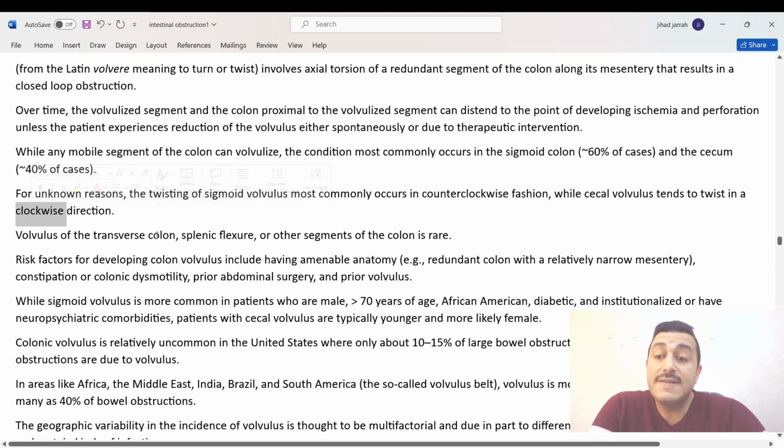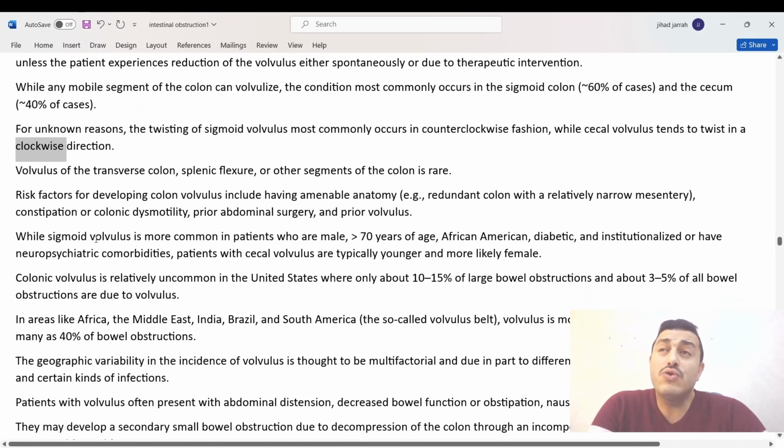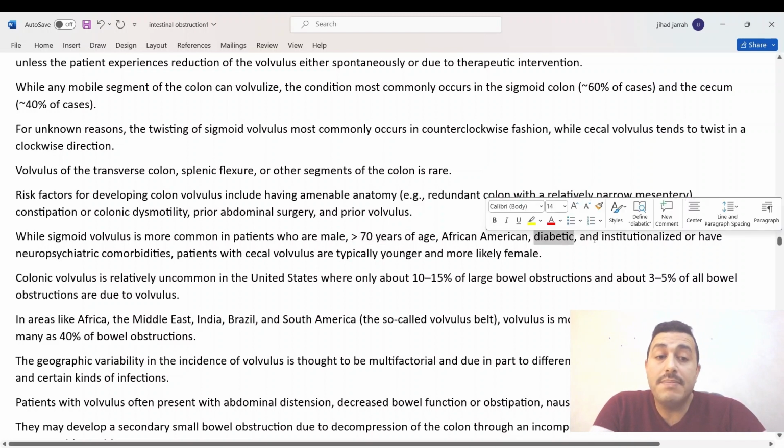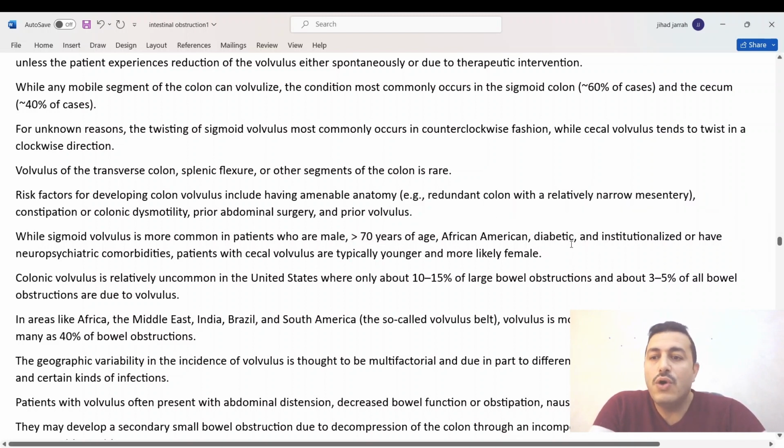Second, sigmoid volvulus is more common in males who are above 70, so an elderly patient, African American, diabetes, institutionalized, or have neuropathic or neuropsychotic comorbidities, while cecal volvulus typically comes in a young, more likely female.